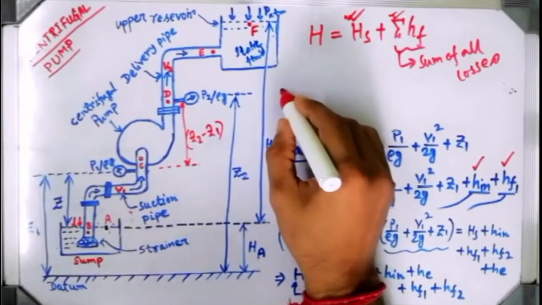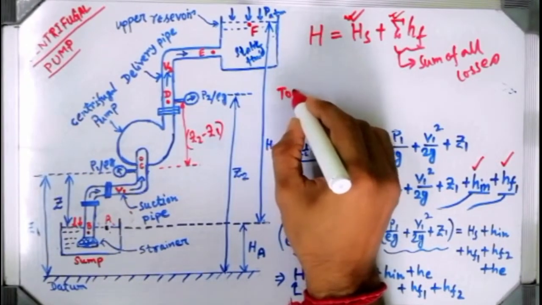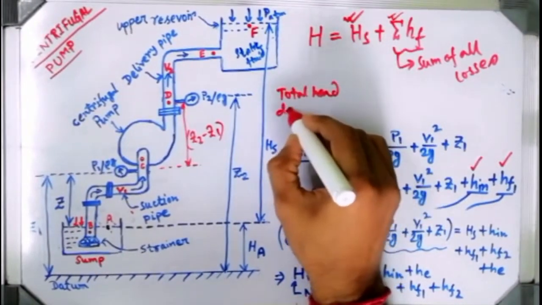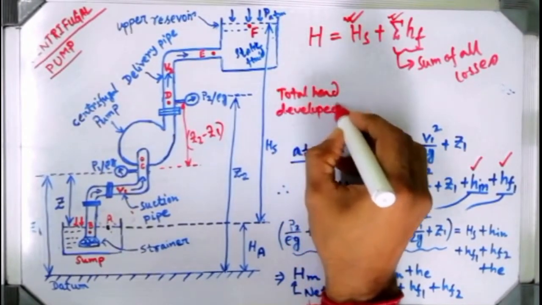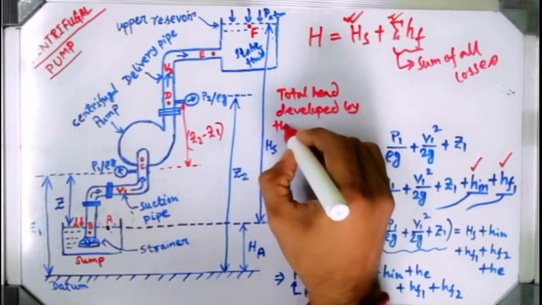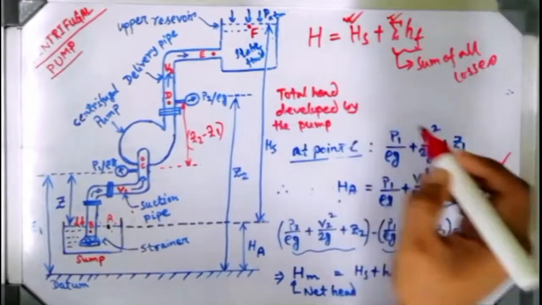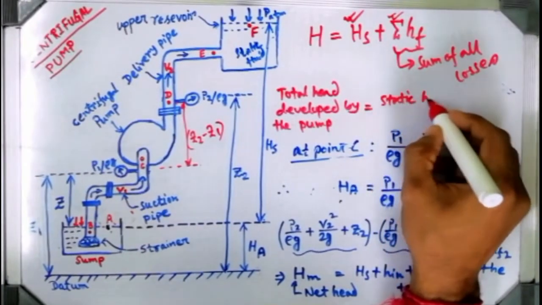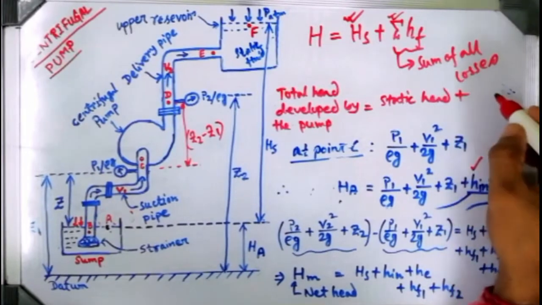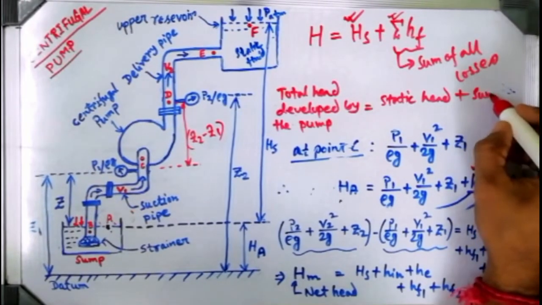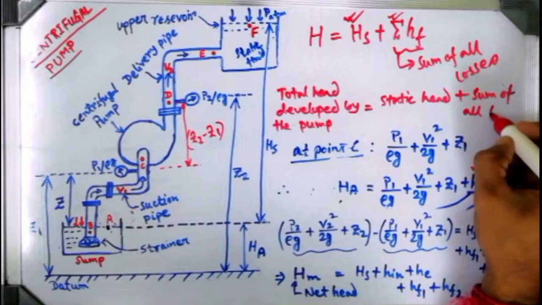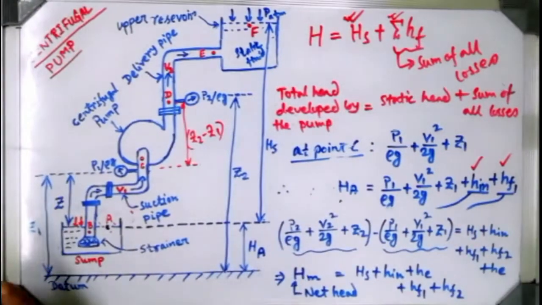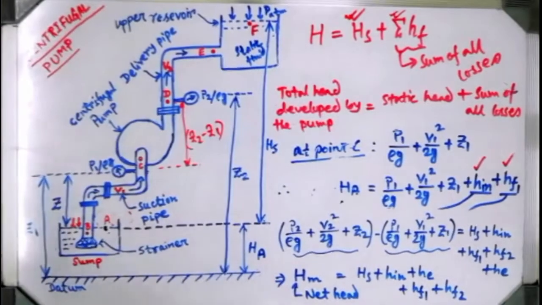I can write the expression like this: total head developed by the pump is nothing but static head plus the sum of all losses. That is a very important expression that we can derive from here.